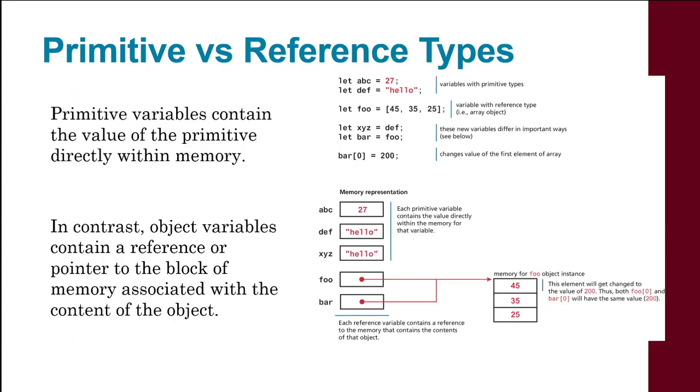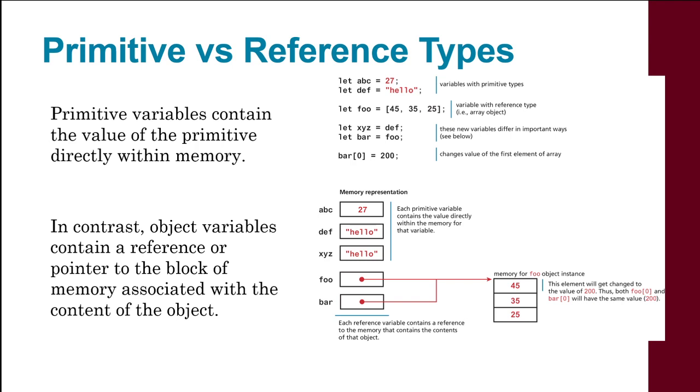Okay, so now we're going to look at what I was talking about, the difference between a primitive and an object. Or sorry, primitive versus a reference type. Remember, a reference is just an object. Up at the top here, we have some variables.